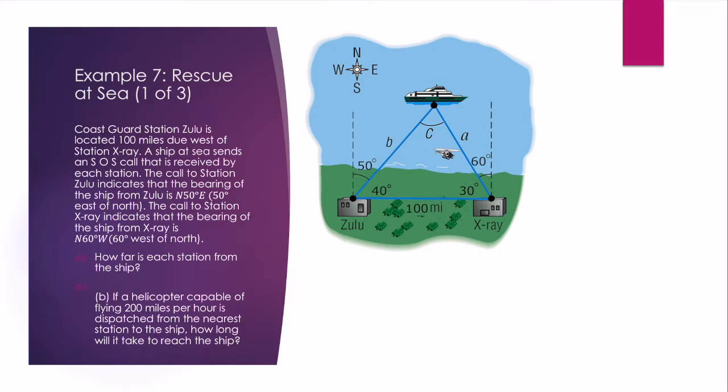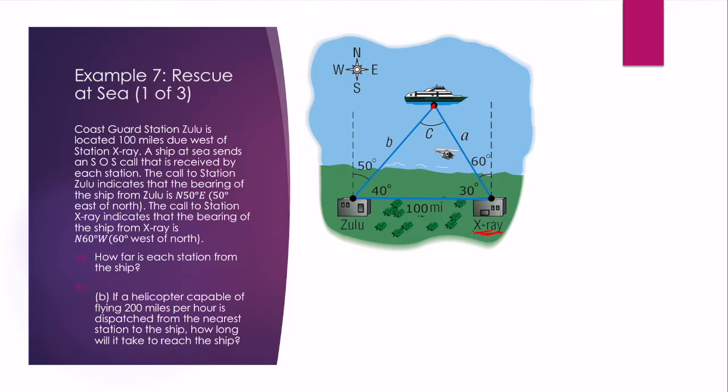The last example of this section is about a rescue at sea. Coast Guard Station Zulu is located 100 miles west of Station X-Ray. A ship at sea, here he is, sends out an SOS call that is received by each station.